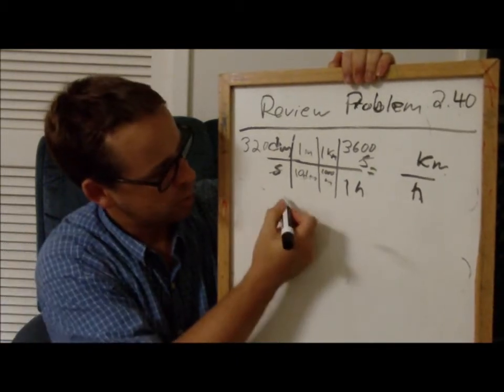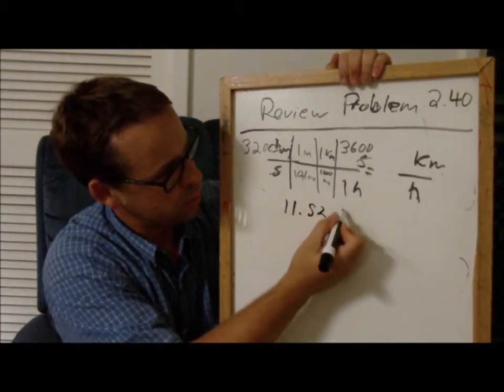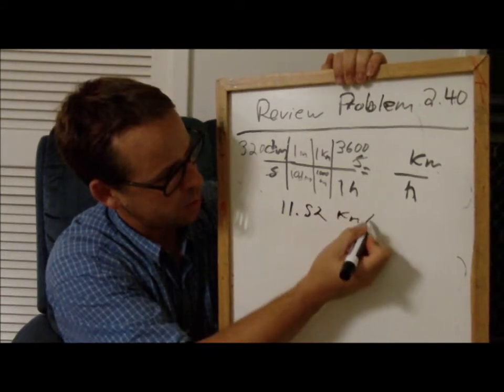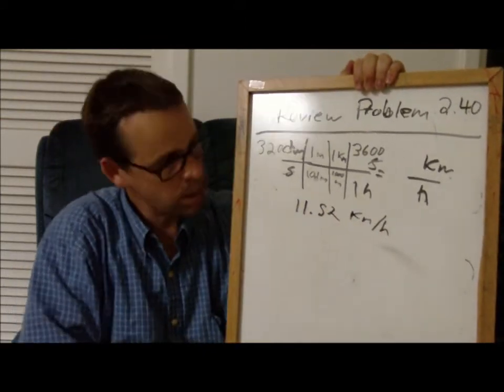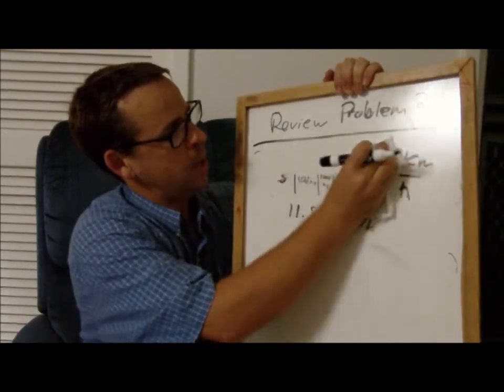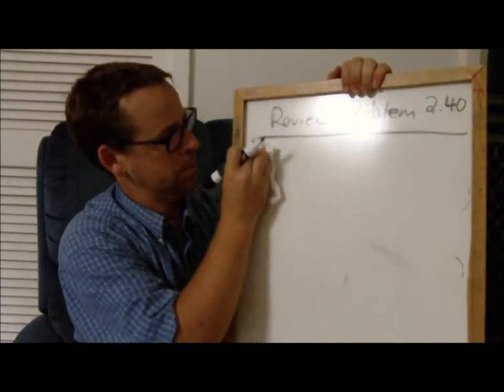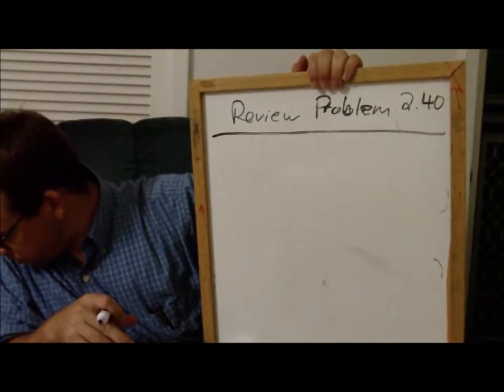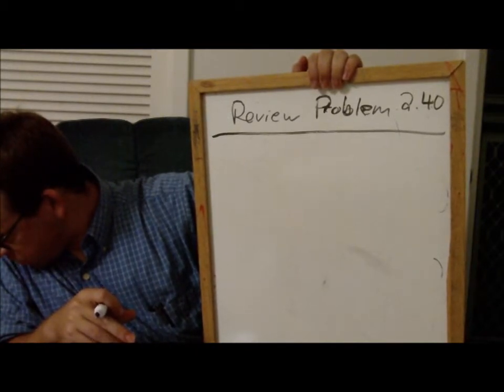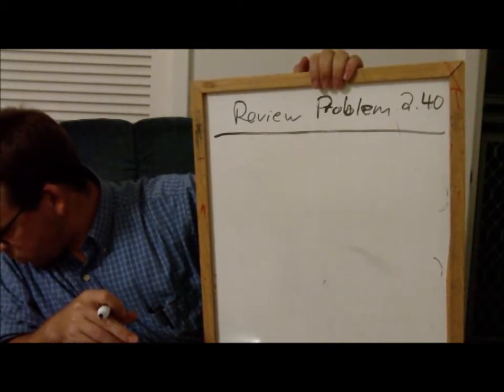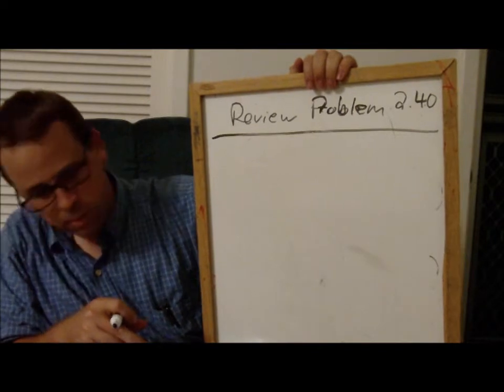That's 11.52 kilometers per hour. Alright, so that's 240A. Next one, 240B: 8.2 milligrams per milliliter.